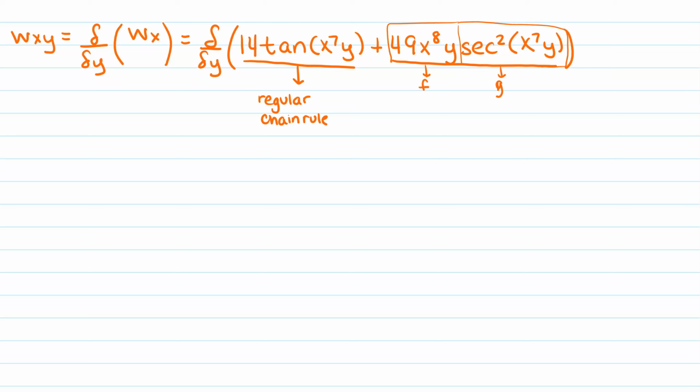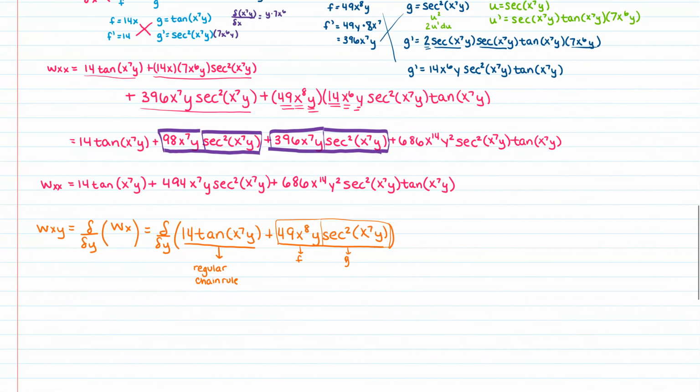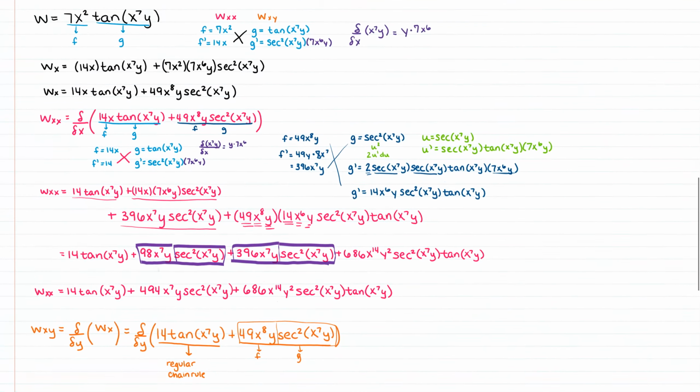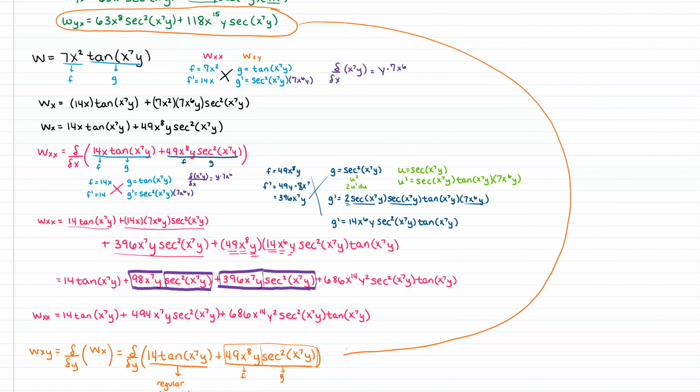And the g part is going to be, again, a chain rule upon chain rule. Now, why am I not doing this? Well, it turns out that wxy is exactly the same as wyx. So we already did wyx here. And so that should be what I get when I do this derivative.